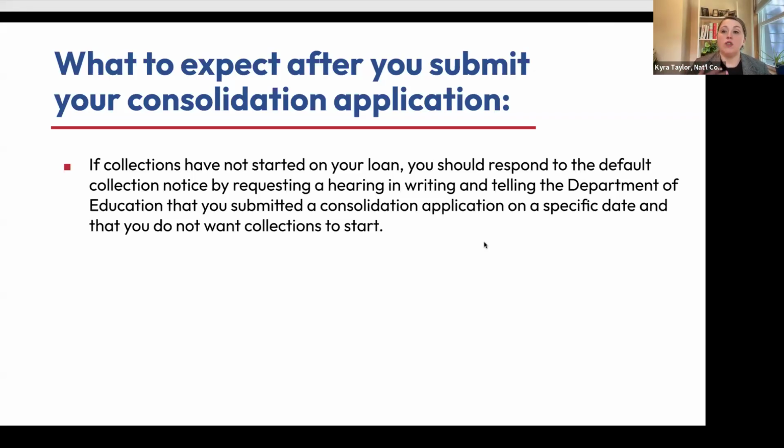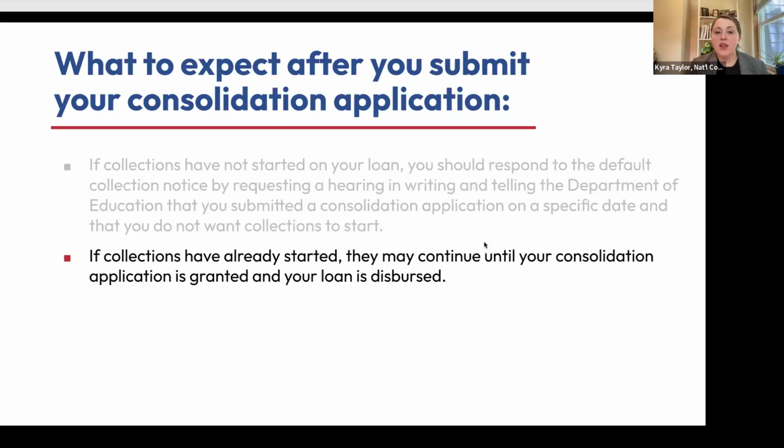So this is one way you can respond to the notice that the department has to provide to you before it starts collections. If collections have already started, they may continue until your consolidation application is granted and your loan is dispersed.